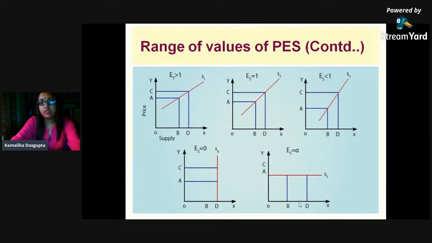You can see that the distance between A and C is way less than the distance between B and D. In this last case, the supply is very sensitive to price change. Even if you change the price by 1%, the supply is going to increase by a huge percentage. That is why the supply is perfectly elastic. It is equal to infinity. So these are the range of values of PES.